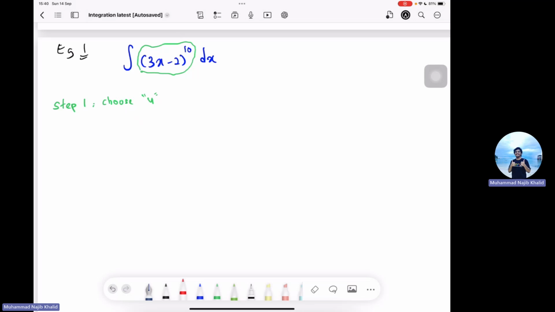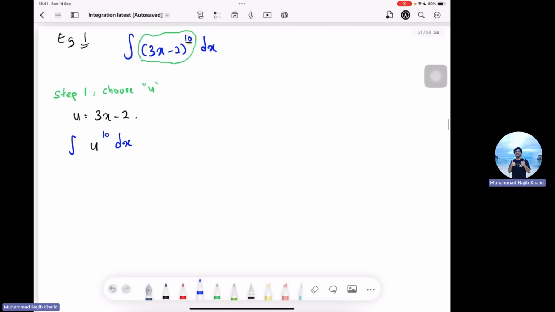So here in our case, we will choose u is 3x minus 2, because we have power 10 outside the function here. So we can say u is equal to 3x minus 2. Okay, and we can rewrite our equation in terms of u. We have the integral of u power of 10 dx. Okay, right, so we have done step 1.